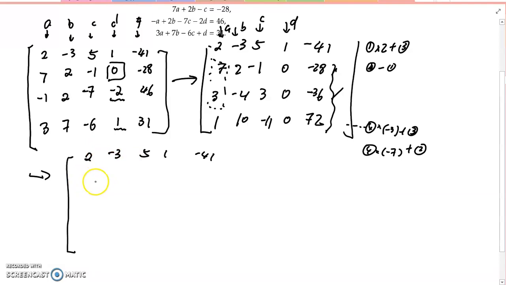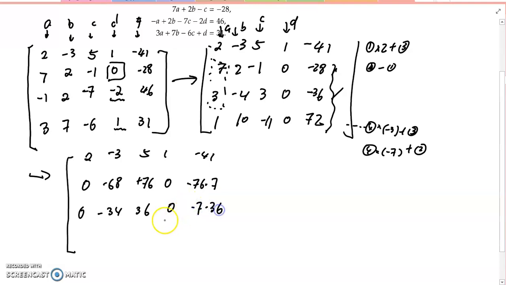So now we have 0, -68, plus 76, and 0, -76 times 7, and we have 0, -34, and 36, and 0, and -7 times the 36.